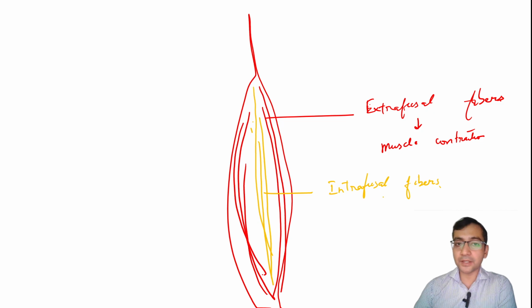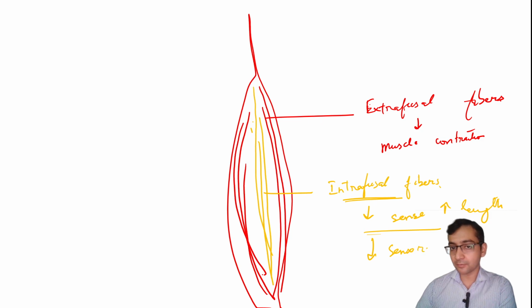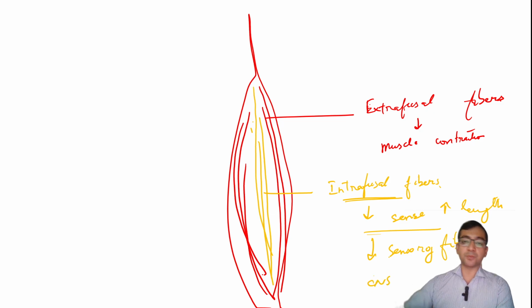The intrafusal fibers are the ones that sense the lengthening. They only sense the increase in length. This increase in length is carried by sensory fibers all the way to the CNS, and that is responsible for reflex activity and other functions.